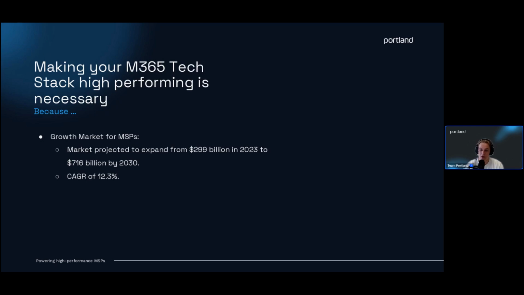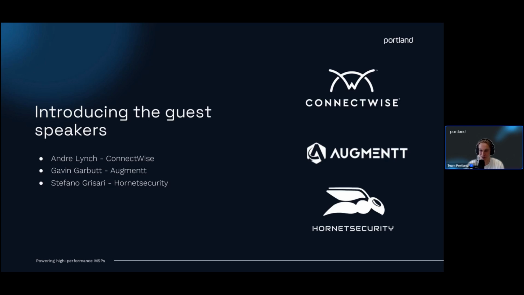Today we're going to focus on those three products, how you can be part of the growth, and how you can secure those M365 tenants way better than we did before. I can tell you all about it, but my colleagues and the speakers today have way more expertise than I have. We have Andrew Lynch from ConnectWise, who can tell you everything about the 24/7 security services of ConnectWise.